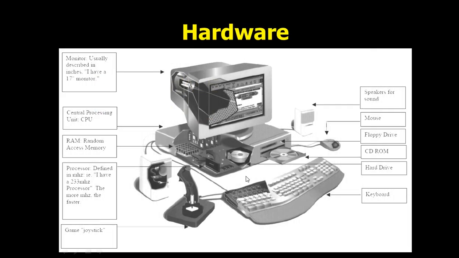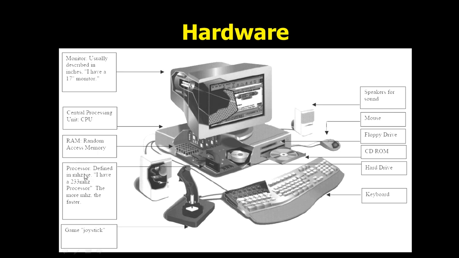These are examples of what hardware parts are, starting with the monitor. The monitor usually is described in inches, and using a monitor you can see whatever you're doing on a computer. Other examples are the central processing unit, random access memory, and the processor.